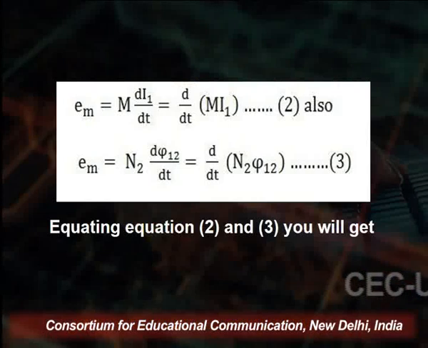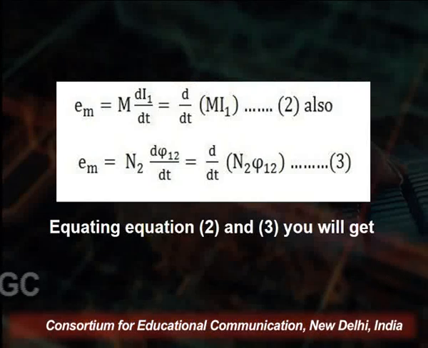Hence, two coils are said to have a mutual inductance of 1 Henry if an EMF of 1 volt is induced in the coil when the current flowing through the other neighboring coil, or the secondary coil, is changing at the rate of 1 ampere per second.